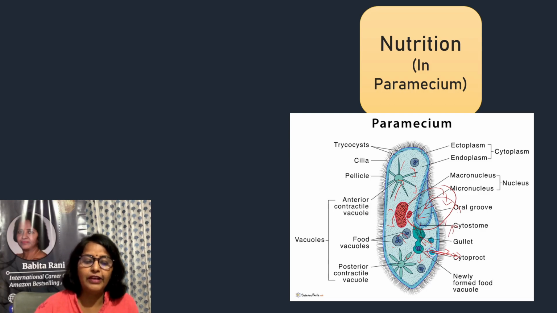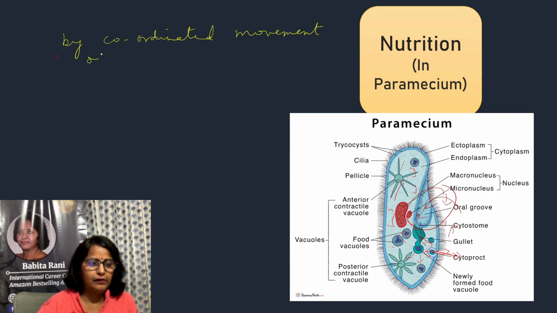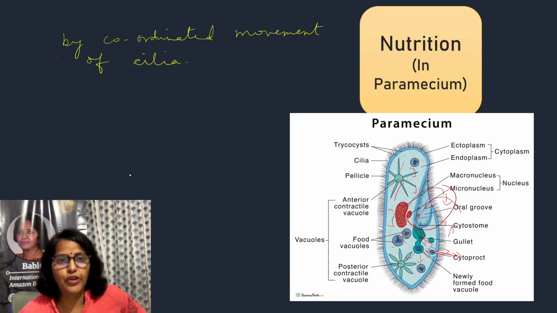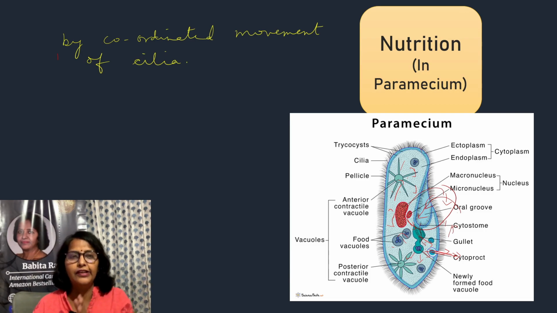That is why it becomes shorter and shorter, and finally it is removed out of the body. So this is by coordinated movement of cilia. In the case of amoeba, it was with the help of pseudopodia. In the case of paramecium, it is cilia.